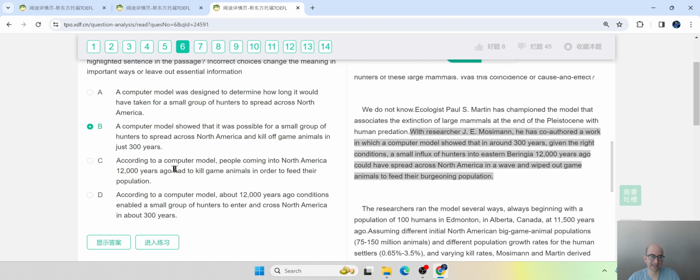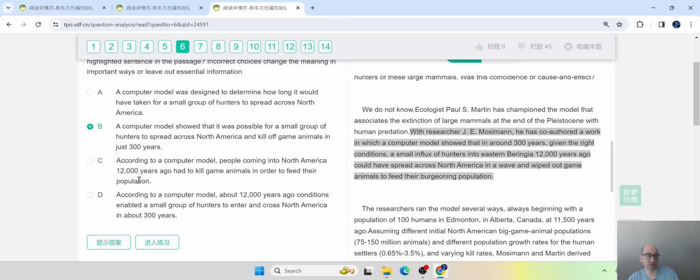They didn't say they had to do this to feed their population. This is an assumption that was added to the original text, okay? It was information that wasn't included in the original highlighted text.